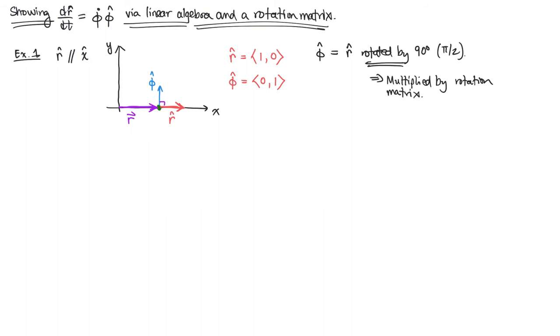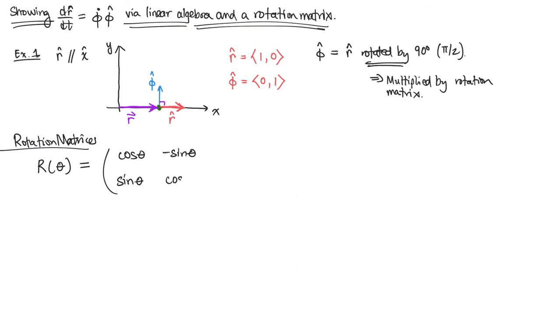Okay, so let's see how that plays out. Rotation matrices, I might label it R theta, where theta is the rotation angle. We can write that as cosines and sines in a 2x2 matrix. The diagonal terms are cosines and the off diagonals are sines. And notice that one of the off diagonal terms has a minus sign.